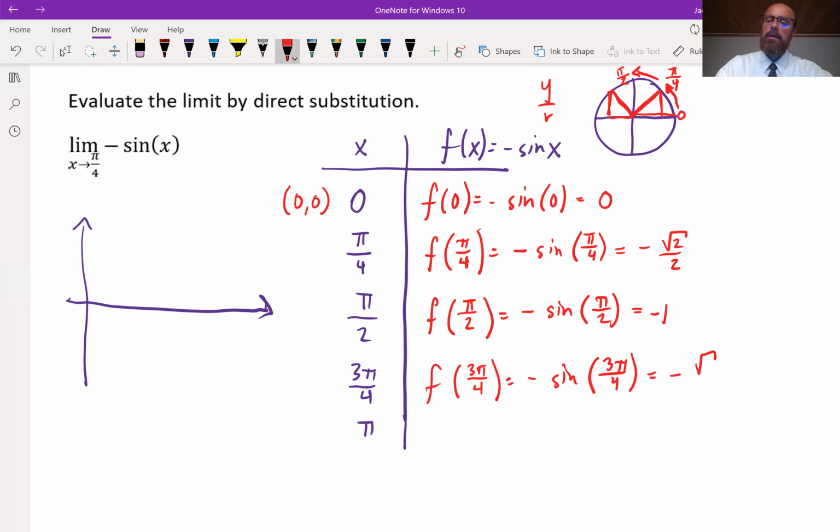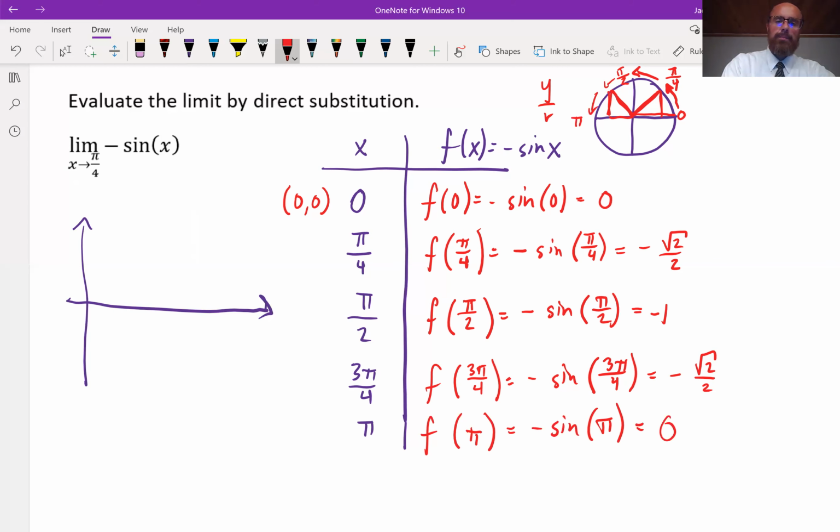The negative is coming to us from the function. See, the function had a negative tacked onto the front of sine. Well, let's finalize this sketch of the graph by evaluating f at pi, which is negative sine of pi. And pi, again, takes us all the way back down to the x-axis, which again is a y value distance off the x-axis. On the x-axis is 0.